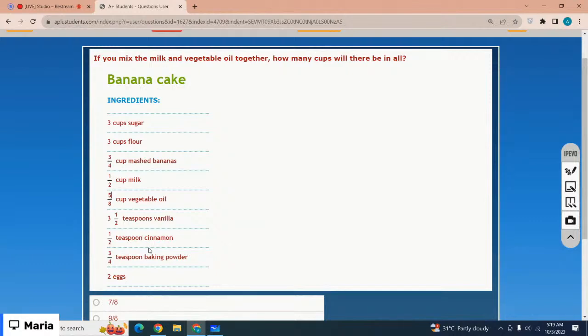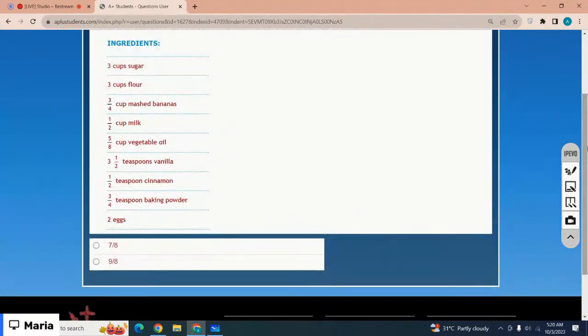It would be 7 over 6. Where is 6? That would be 9 over 8 or 1 whole 1 over 8. You are not given 1 whole 1 over 8. That would be 9 over 8, right?